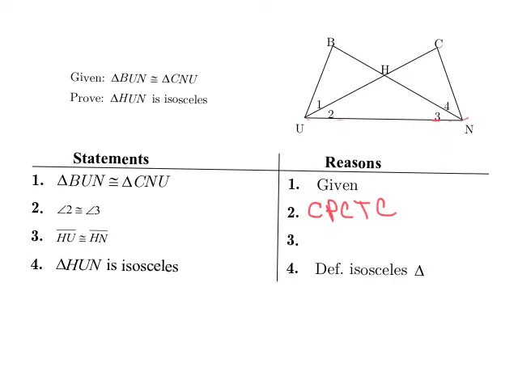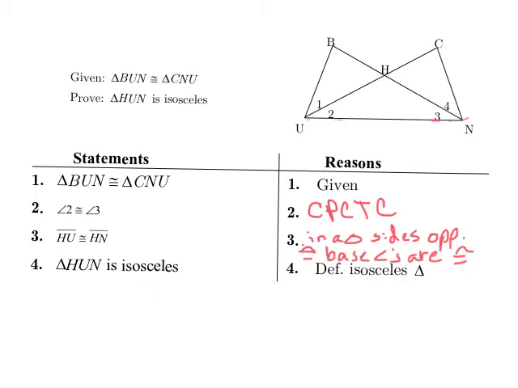So that's the reason we use: in a triangle, sides opposite congruent base angles are congruent. And that's enough to say that the triangle is isosceles.